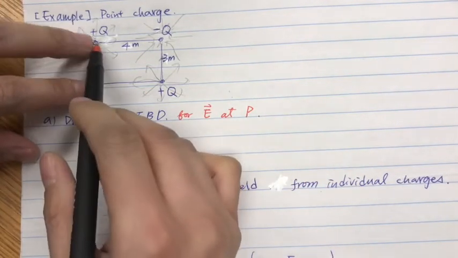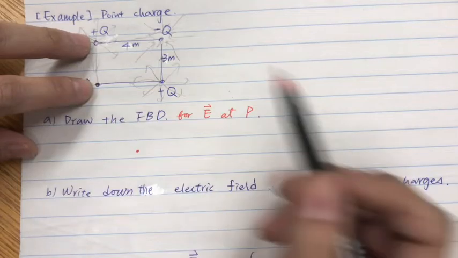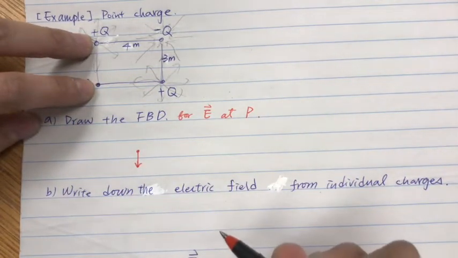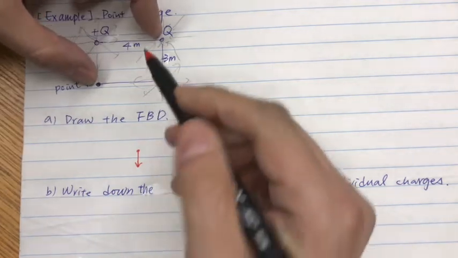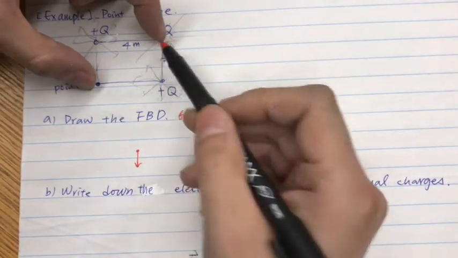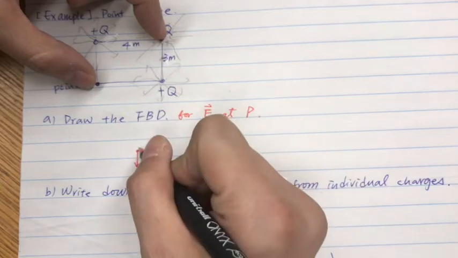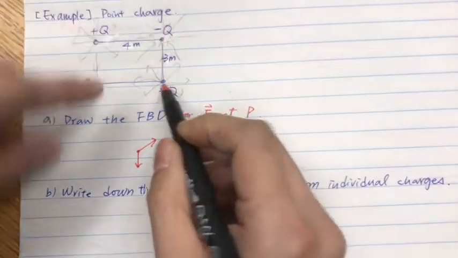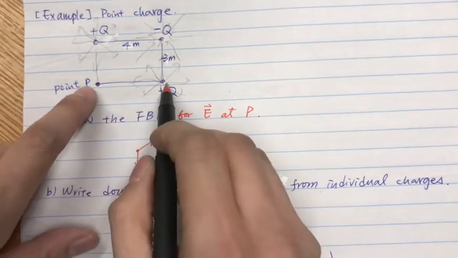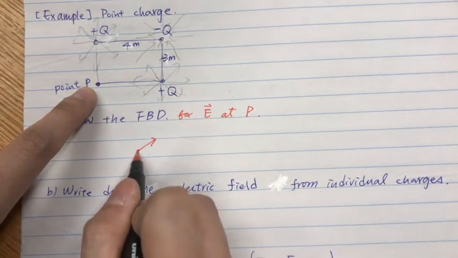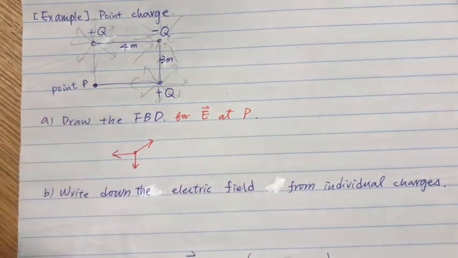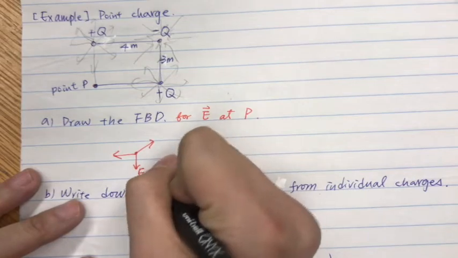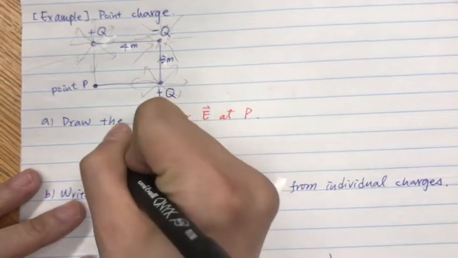The first, it will feel an electric force from here, which is going downward. And then it will also feel an electric force from this. It's this way, right? And then you will also feel electric force from this point, which is pointing outward. So I'll say this is E1, this is E2, this is E3.